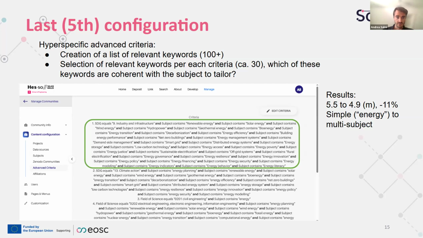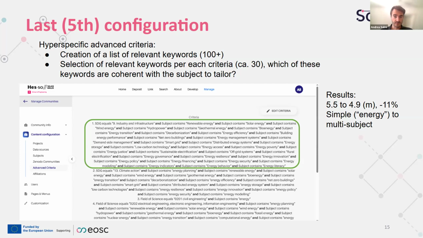And then depending on the different subject that we would like to shape, to tailor, we select the keywords that are more relevant to this subject, and we use them to reduce as much as possible the size of each of these criteria. This is in parallel with the test on OpenAIRE Explorer to understand how many results we expect to have and if the quality of results is enough for us.